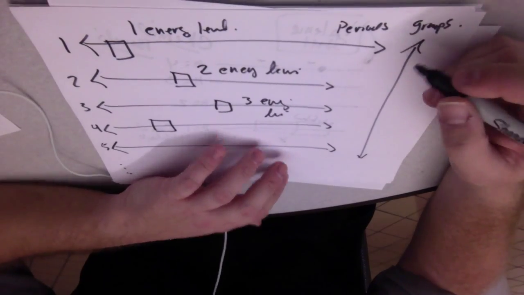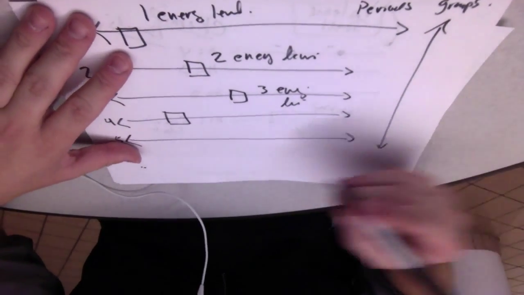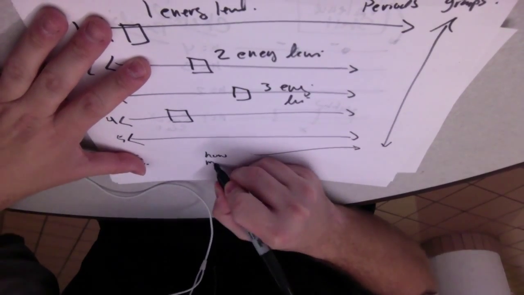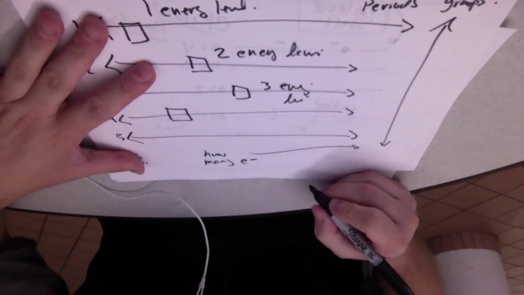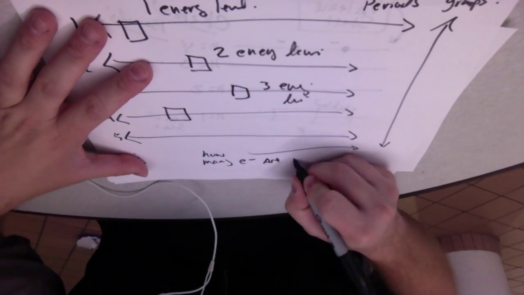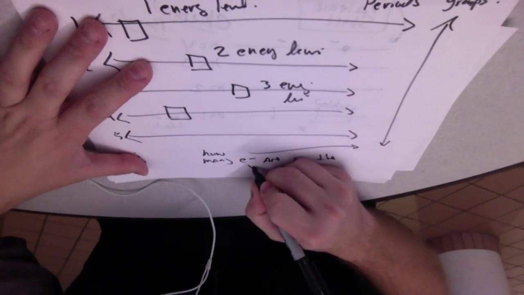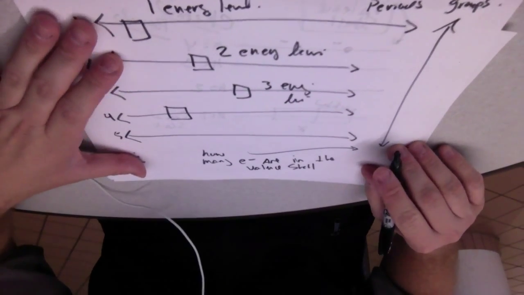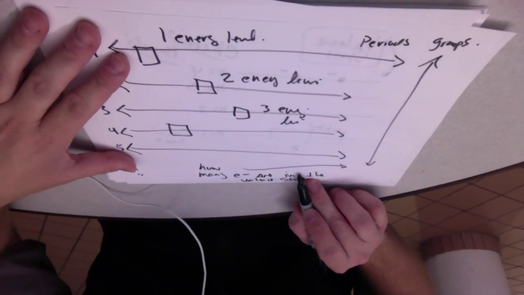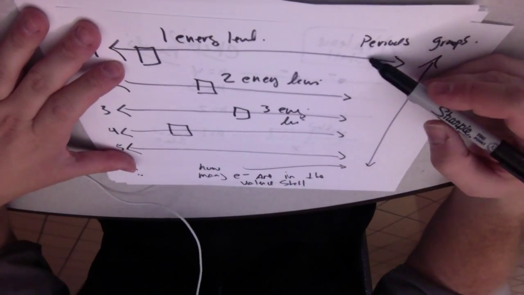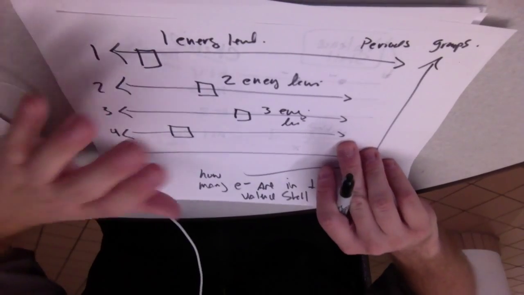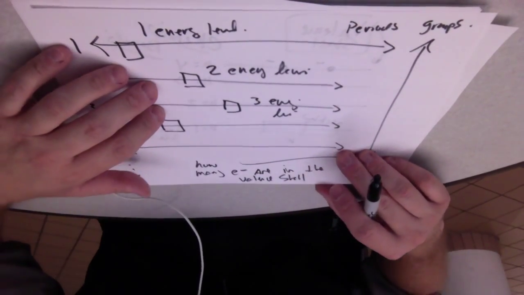Okay, and the group tells me how many electrons are in the valence shell. Okay, so how many electrons are in the valence shell, and how many total shells do I have? Okay, so that's what the periodic table of elements fundamentally tells me.